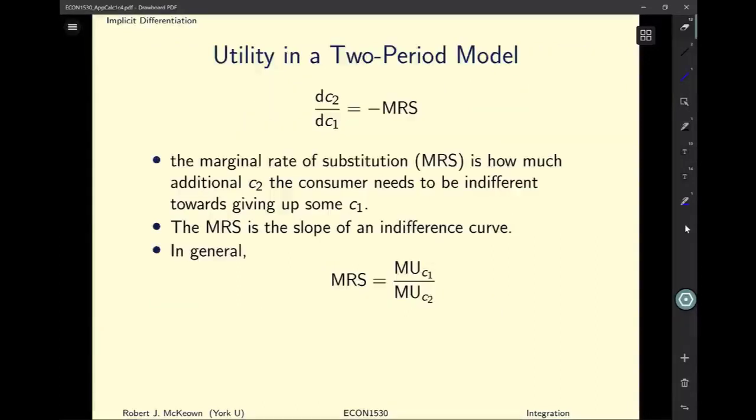So we have an important relationship between the derivative and an economic concept, the marginal rate of substitution. To refresh your memory, here's a definition of the marginal rate of substitution: how much additional consumption tomorrow do we need if we're giving up some consumption today?